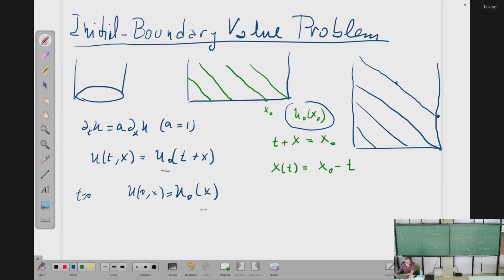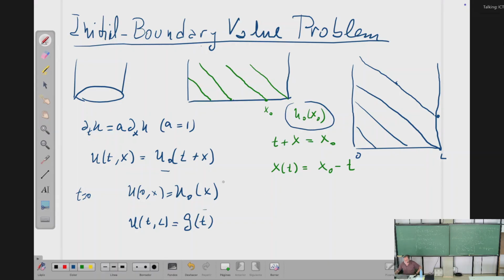So on top of that, we have to give u of t, L. Let's say we are solving between 0 and L. u of t, L equals some function g of t. So we have to prescribe the values here. The physical interpretation here is you provide the initial data for the wave, and here also you provide the data that will be the wave, like this, okay?